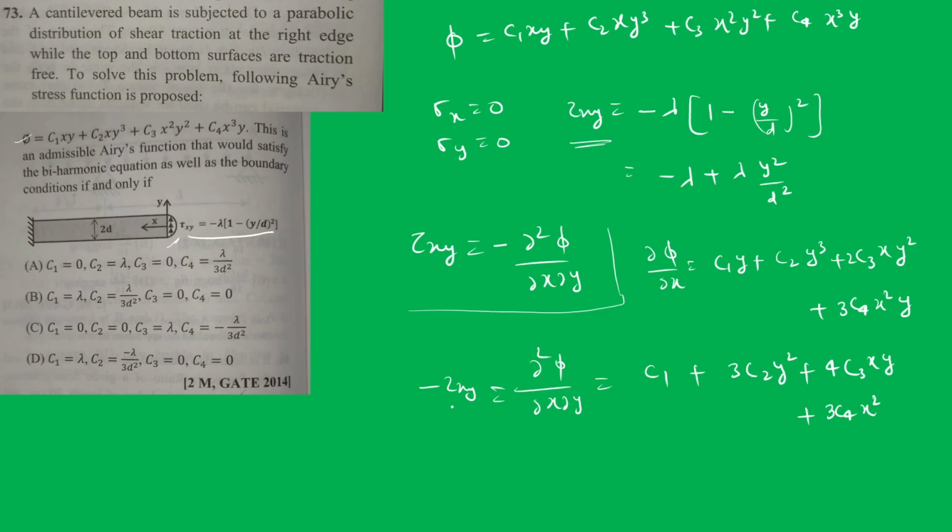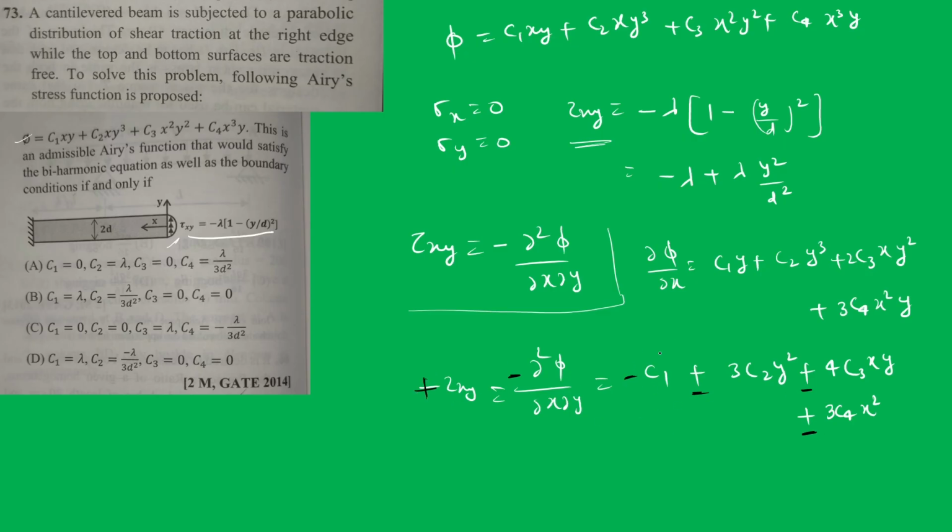So this is minus tau xy and this is tau xy. Let us compare both the equations. I will make plus into minus: wherever there is plus, replace it by minus, because this is minus. So this becomes plus and all these become minus.